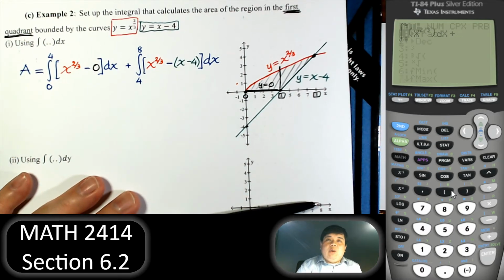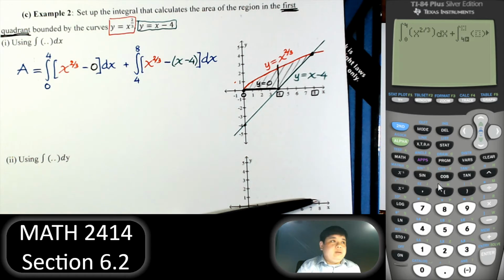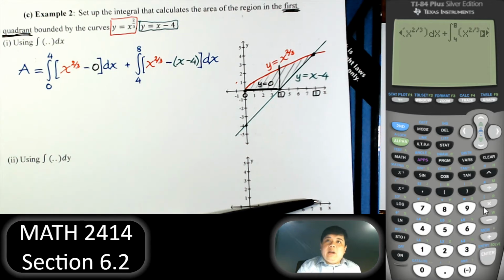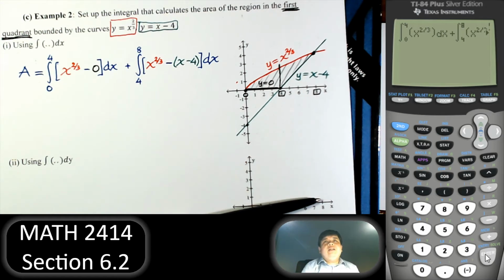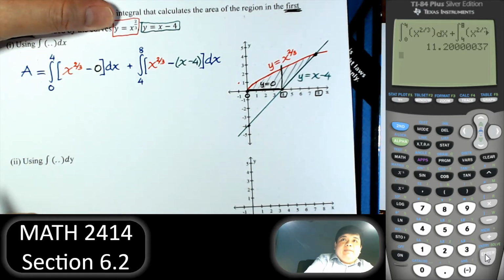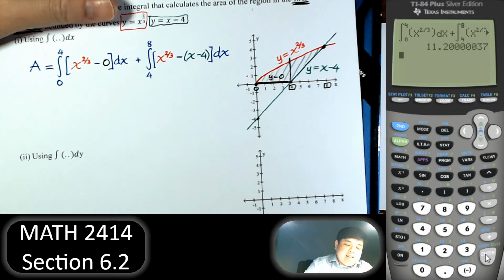And then the integral from 4 to 8, I have x to the 2/3 minus (x minus 4). And do all that. So I have 11.2. Right, just going to keep it like that.